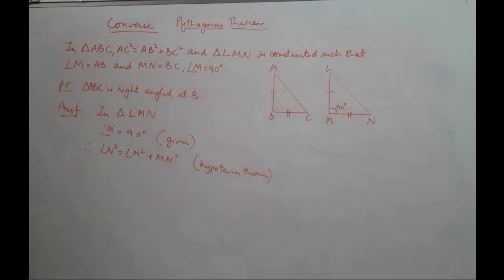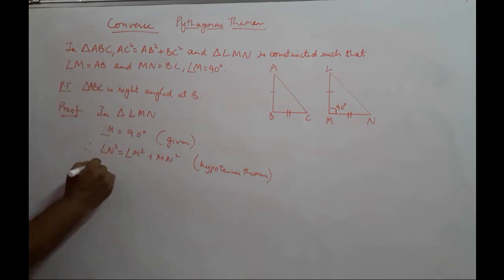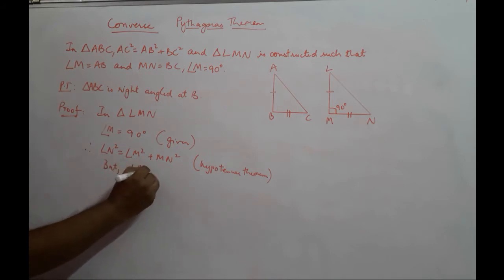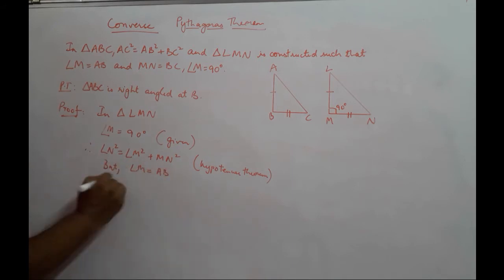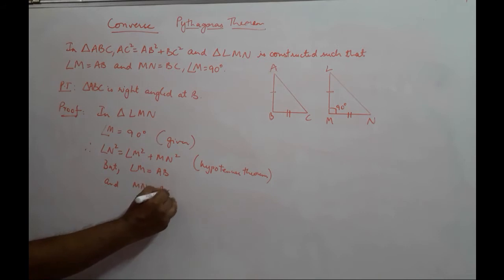But we are also given something else, that is LM is equal to AB and MN is equal to BC.